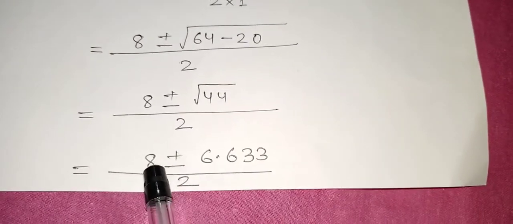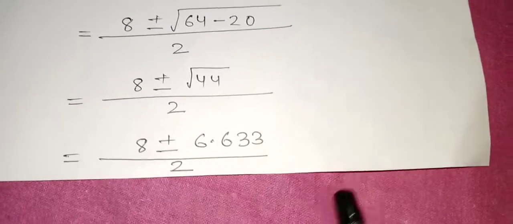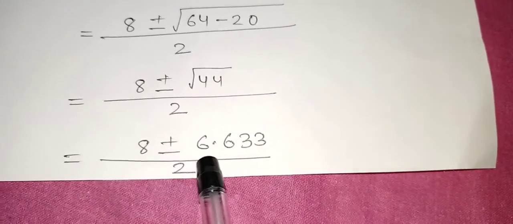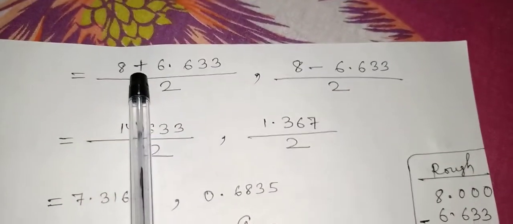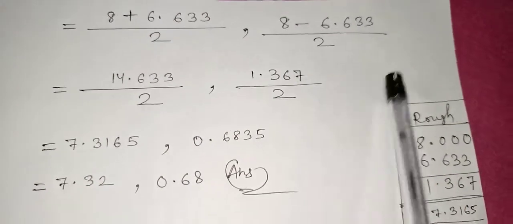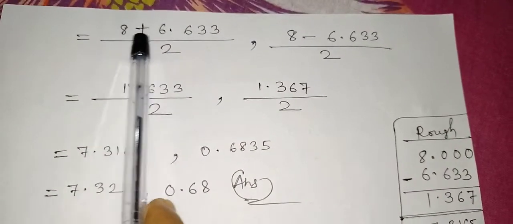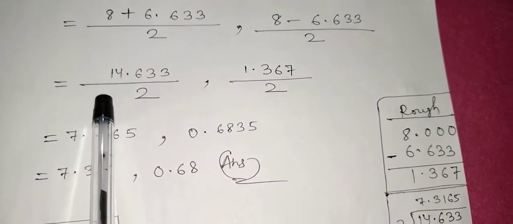You can see here children, I am taking 8 plus 6.633 by 2, and in second segment I am taking 8 minus 6.633 by 2. So plus minus has been divided into two parts, plus in the first position, minus in the second position. Rest numbers are same.